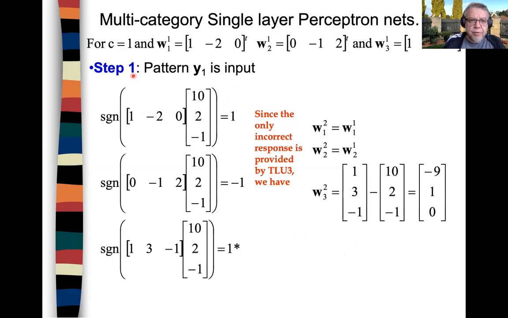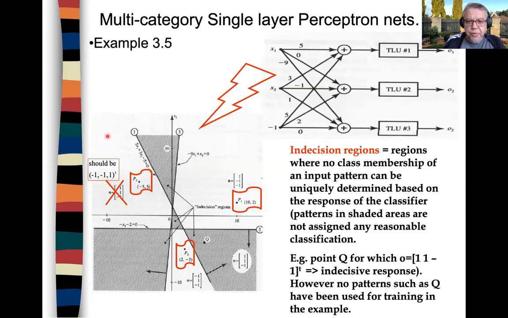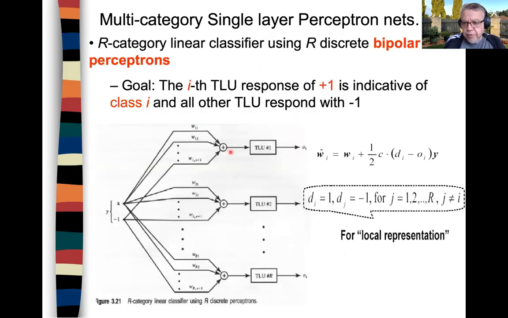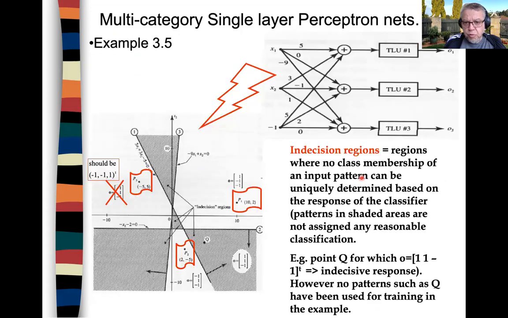Now let's see how we can get our weights. So these weights 5, 3, and 5 here, and the same thing for the other weights. If we assume that c equal 1, this is our c, which is used for the learning rule.